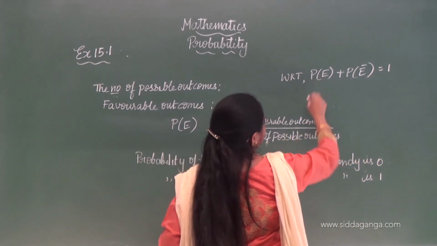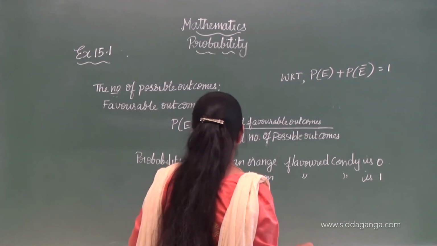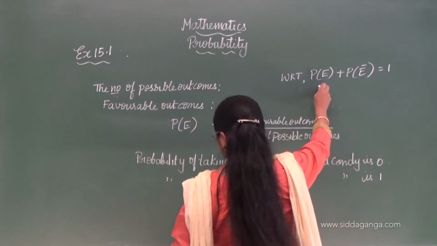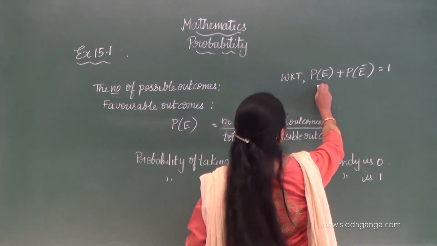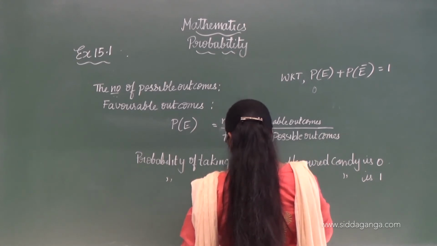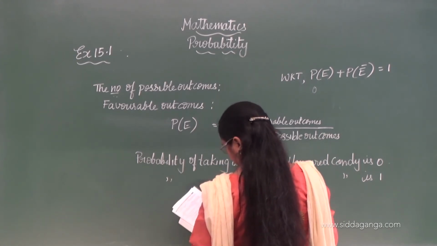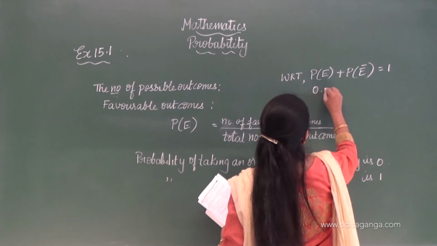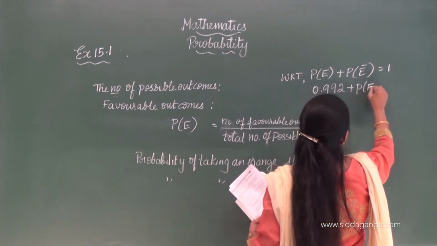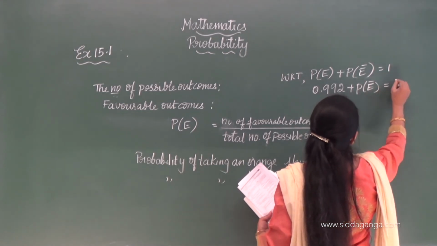So if you take it as an event, 0.992 plus P of not E is equal to 1.